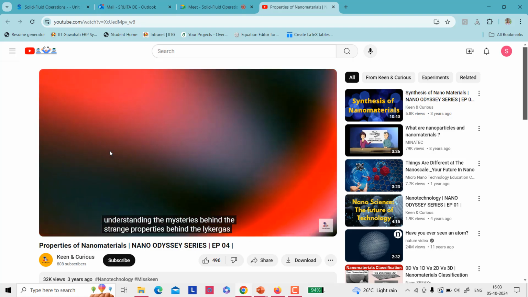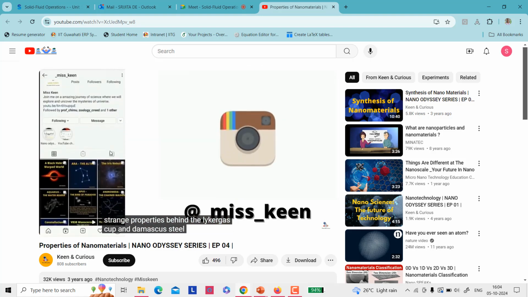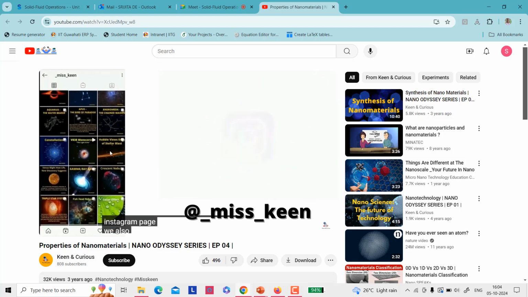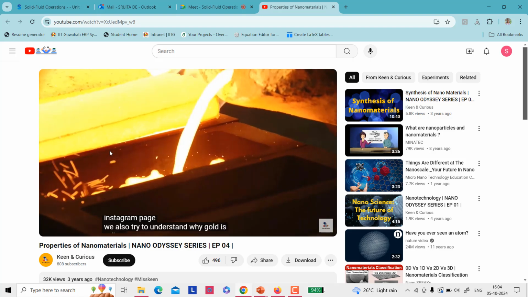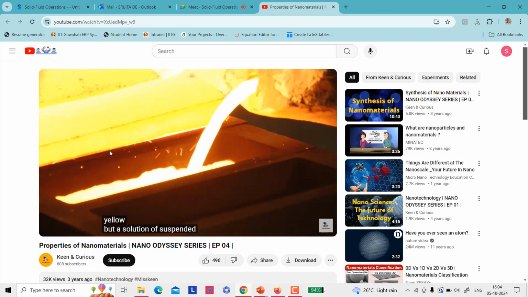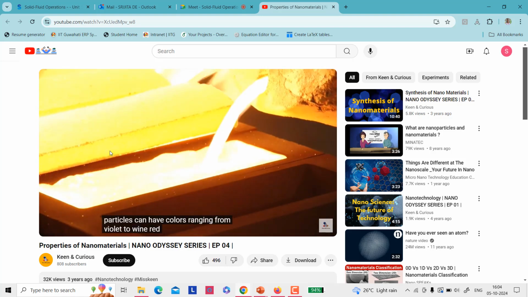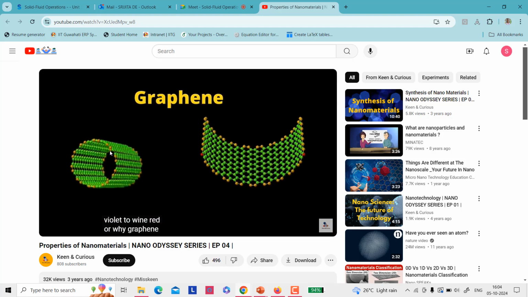Or why graphene, which is essentially only a flat sheet of carbon atoms arranged in a regular repeating hexagonal pattern, is potentially 10,000 times stronger than steel and can conduct heat about 7,000 times better than metallic copper.